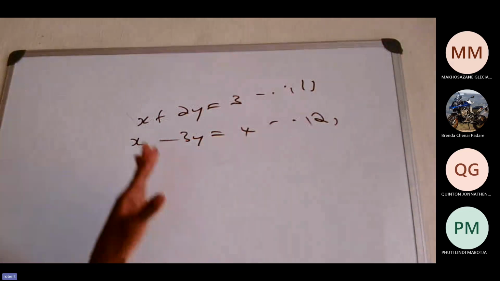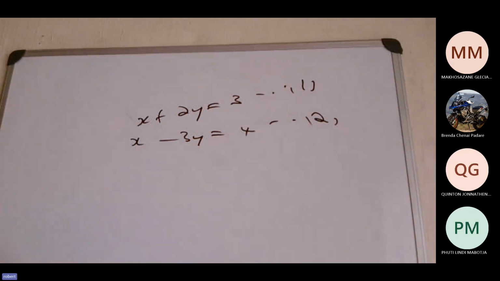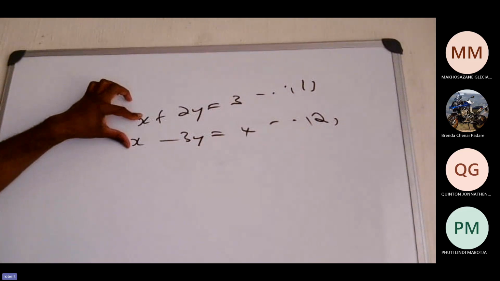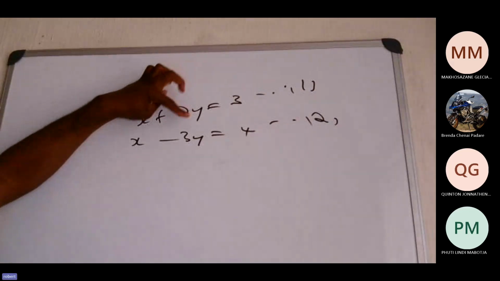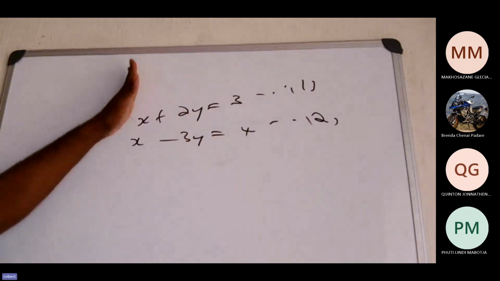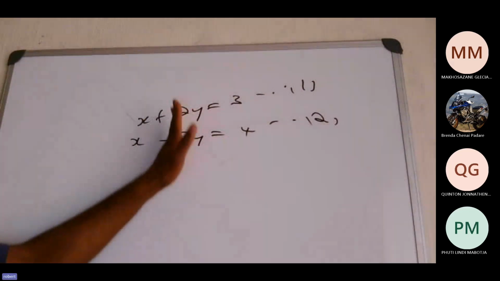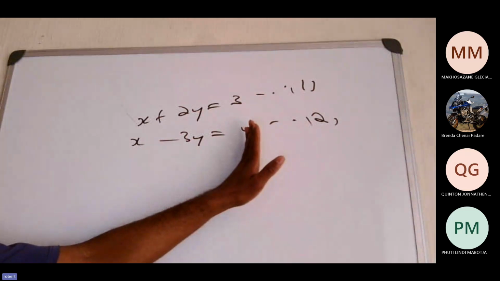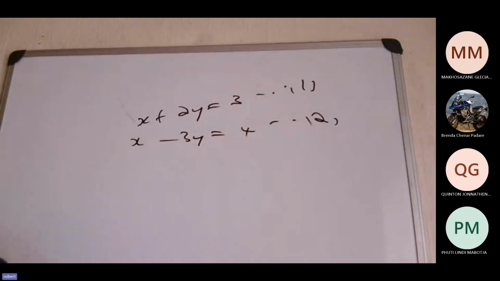The question is, is this in standard form? If you look at it, x is the first term, even here, x is the first term. y is the second term, y is the second term, meaning the x's are in a vertical line, the y's are in a vertical line. Then you have got the constants here alone on the other side. Therefore, your linear system is in standard form.